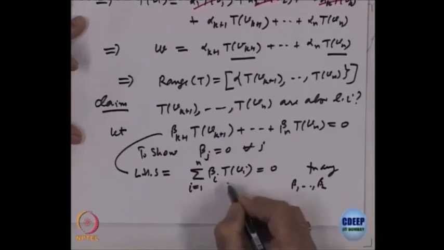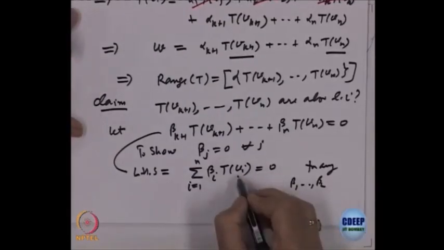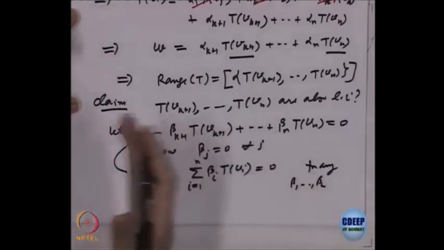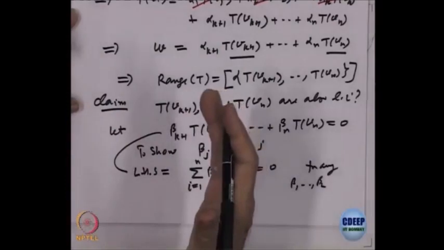Take the first k, any beta 1 to beta k, but T of V 1 is 0, T of V 2 is 0, T of V k is 0. So, those first k terms will be anyway 0, whatever be beta 1, beta 2, beta k, right. The remaining combination is given to us, right. This is given to be equal to 0, is it okay?